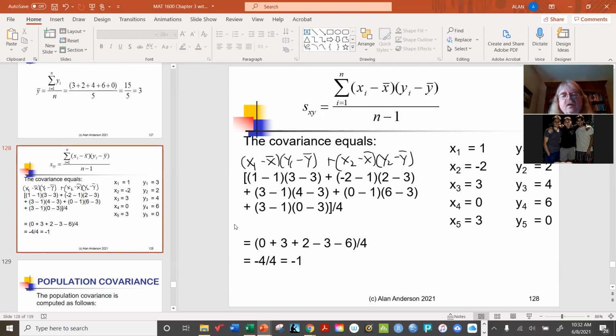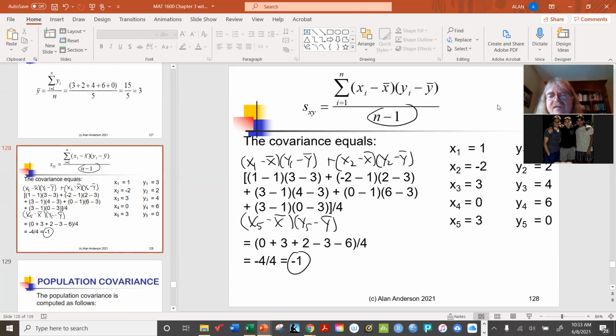And then you work your way through the whole thing. This last one, for example, is X5 minus X bar times Y5 minus Y bar. In each case, we multiply them together, we add them up. At the end, we divide by, if you notice, not 5, but 4. And it turns out that the covariance in this example is -1.